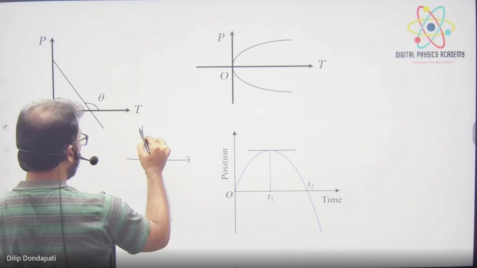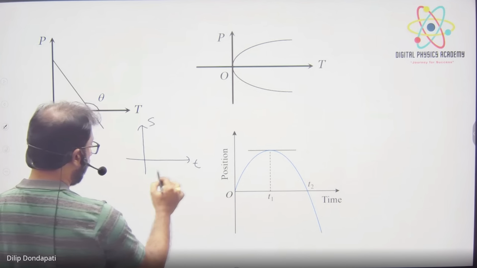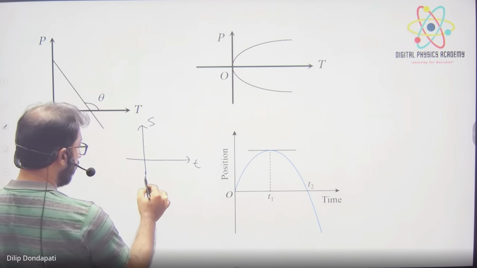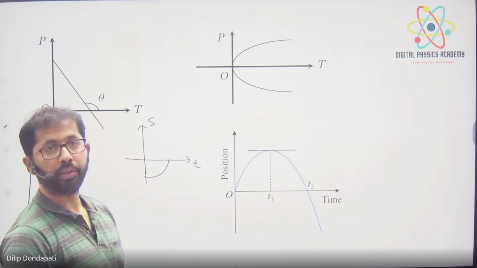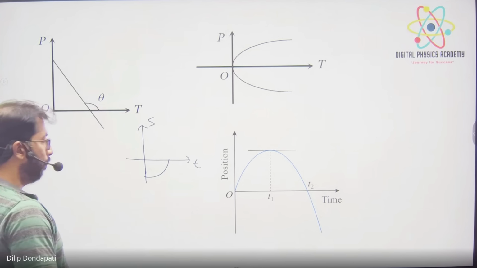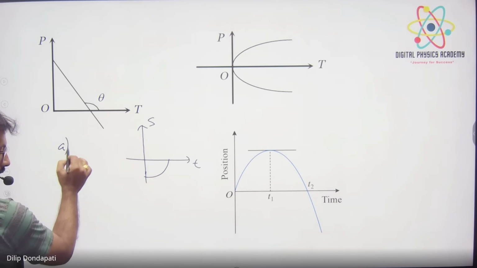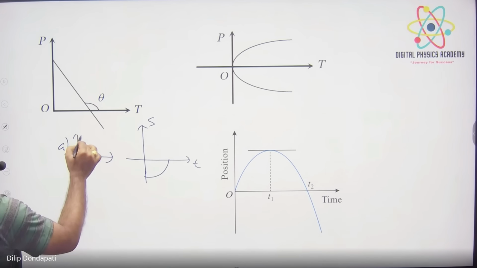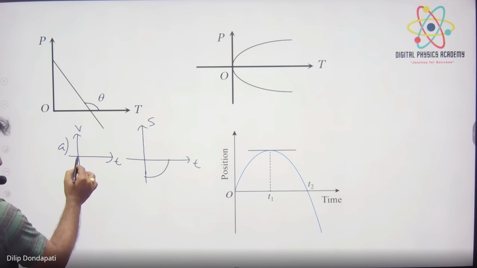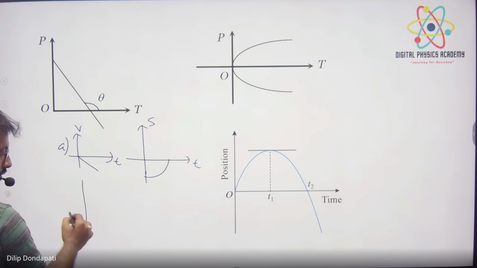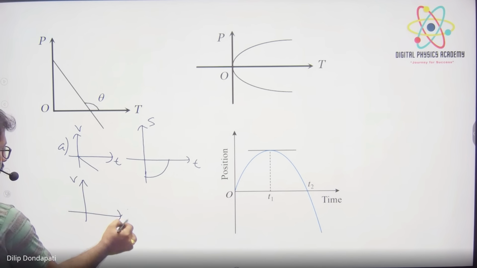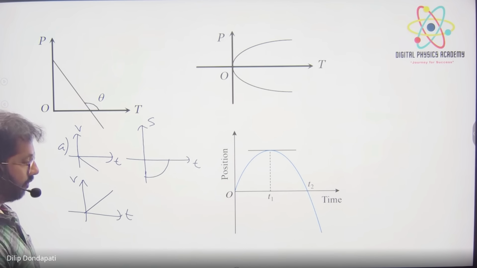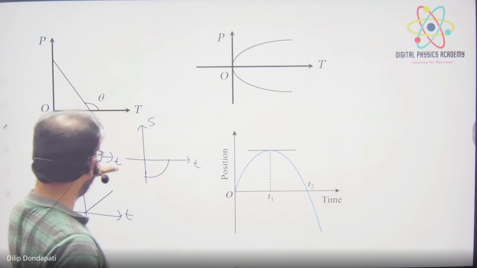First of all, tell me the graphs of velocity, acceleration, and speed. I'll give options, try. Here a displacement time graph is given.